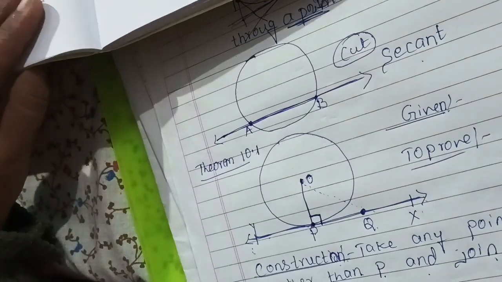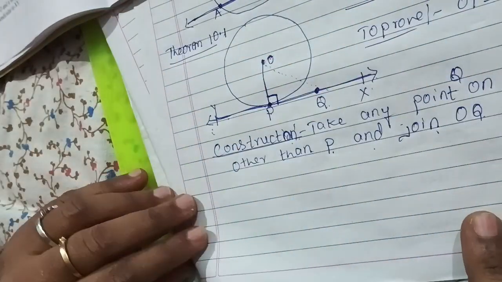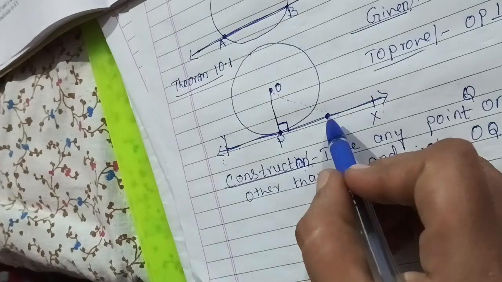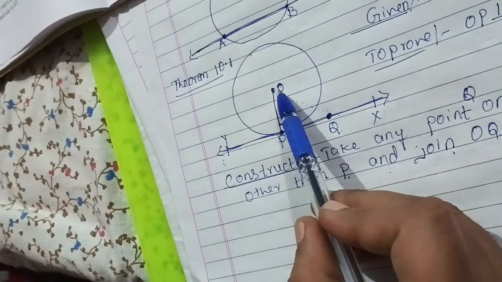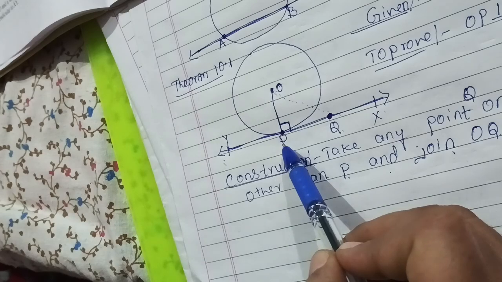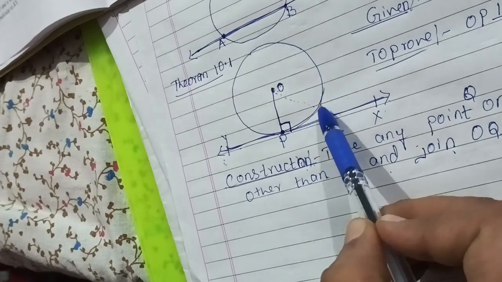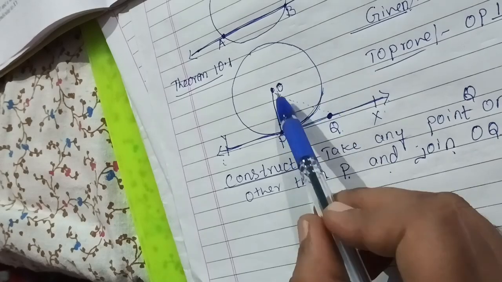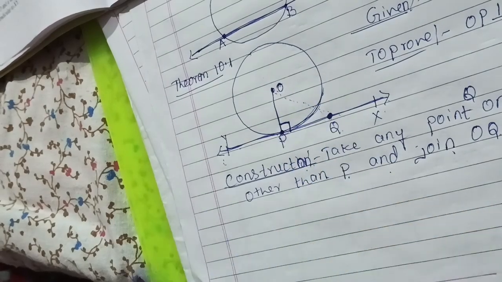So when we join OQ, what will happen? See, Q must lie outside the circle. Why? Let us compare with OP. OP is a radius, so it is on the circle. The construction part we always draw as a dotted line.